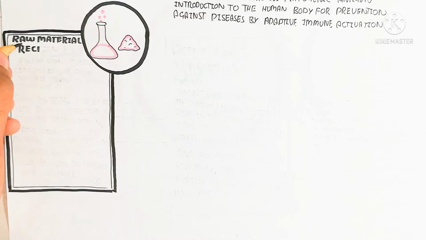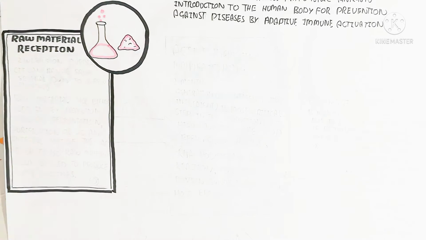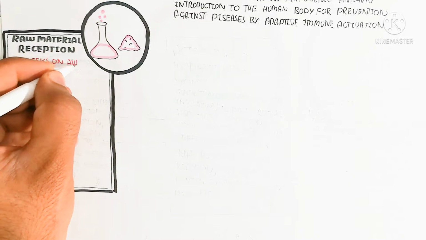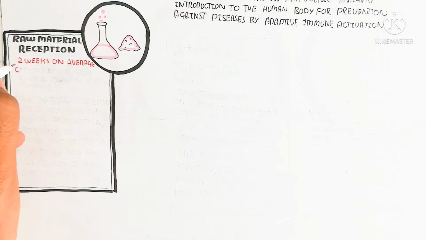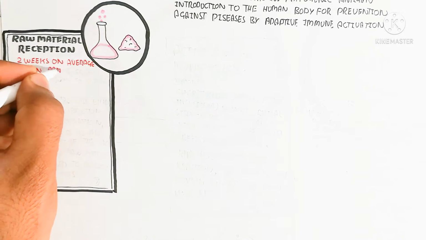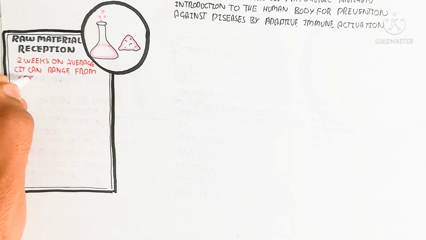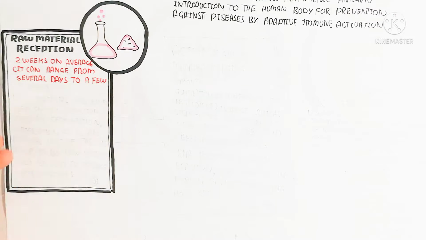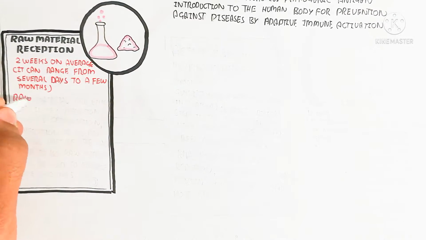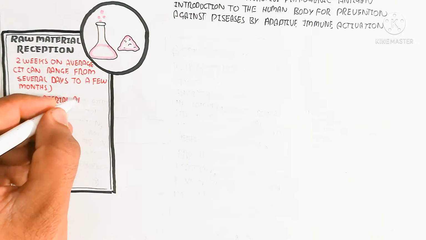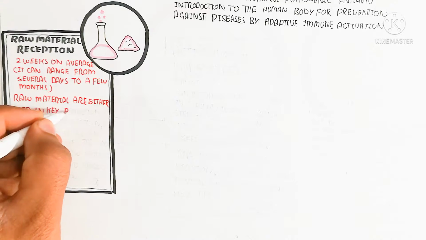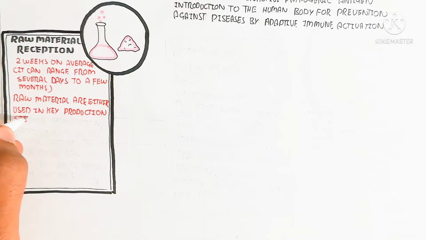The manufacturer receives different raw materials, and raw materials are either used in key production steps such as fermentation and purification, or as an integral part of the vaccine. Up to 160 materials could be used to produce some vaccines.